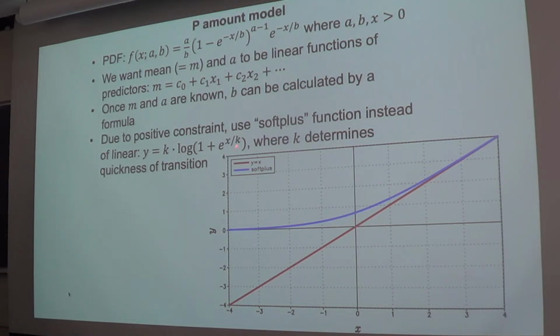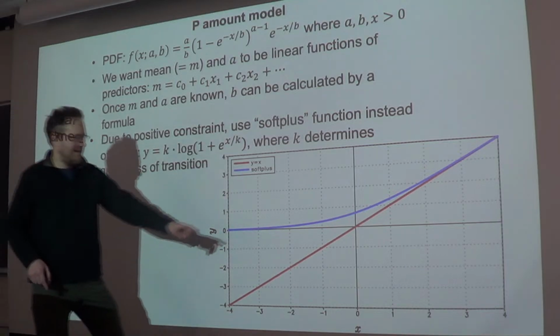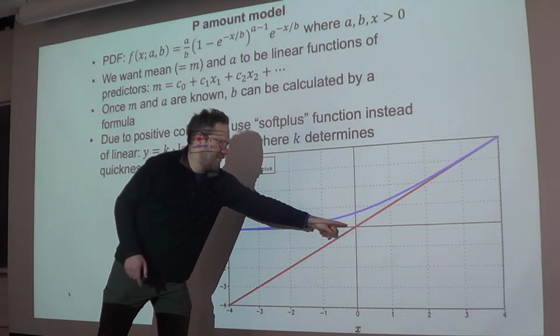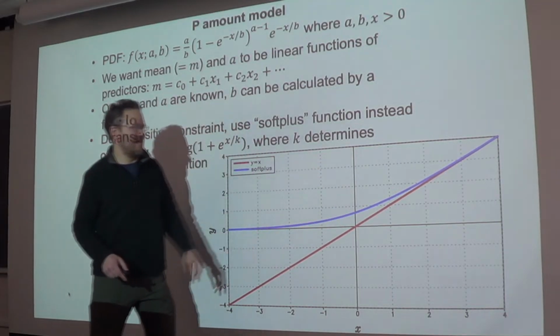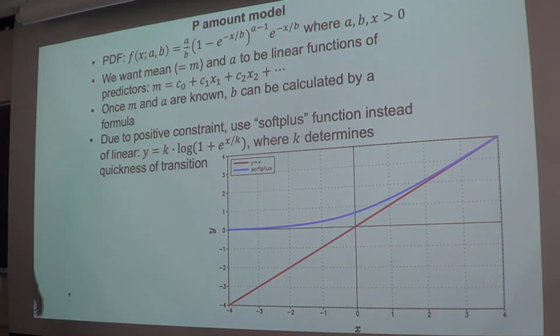And we have a little parameter K here which adjusts how quickly it transitions. So if K is small, then it will be almost like a kink here, but not quite. And if K is bigger, then it's a smoother transition. We just use a fixed K, find one that's reasonable, and don't touch it again.